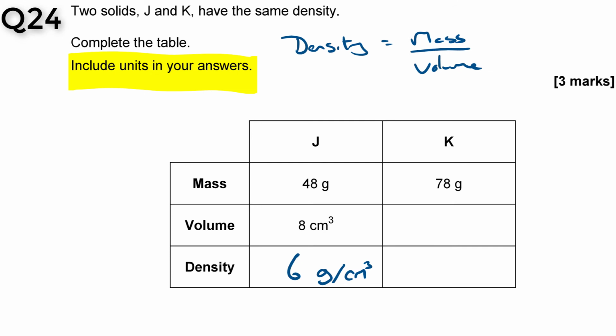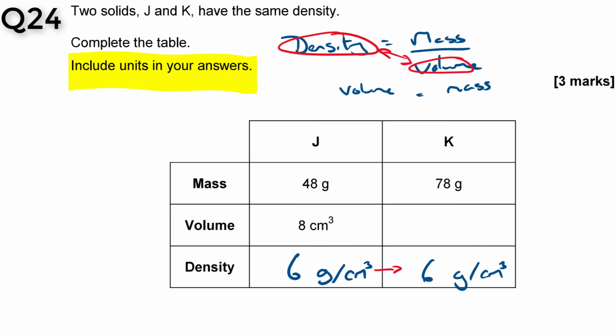Right, so then we're told that they have the same density, so I can copy this value over into the other half of the table. So this is also going to be 6 grams per cubic centimeter. And I'm going to need to work backwards to find volume. So if I switch those around by cross multiplying, I'm going to get volume equals mass divided by density, aren't I?